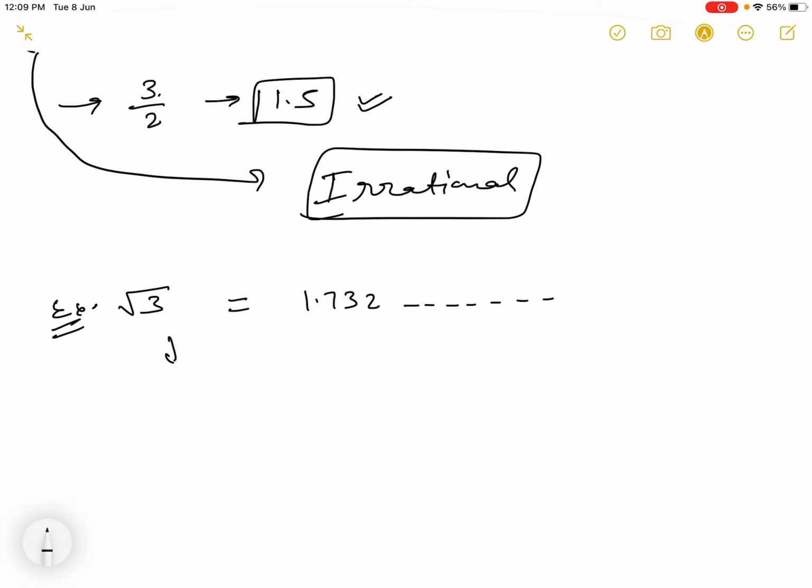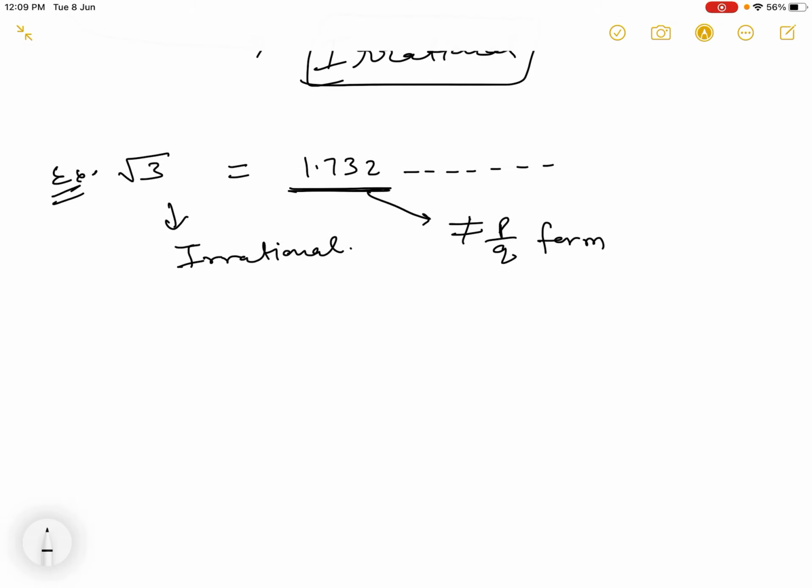So this is also irrational, because if the value is not fixed, we cannot represent it in P by Q form. So all the values which are under a root and do not have a fixed value cannot be represented in P by Q form. So these are irrational.